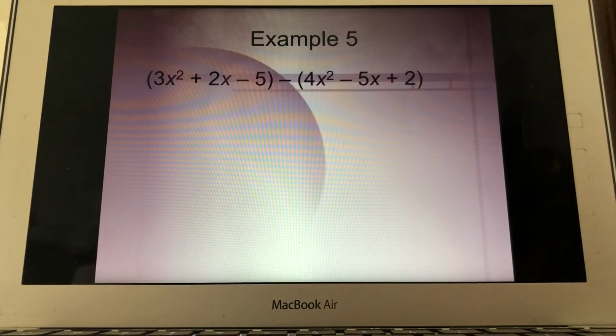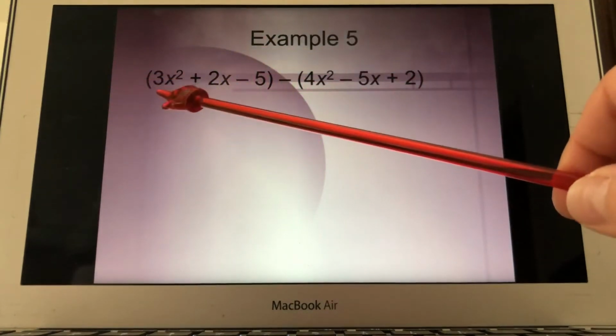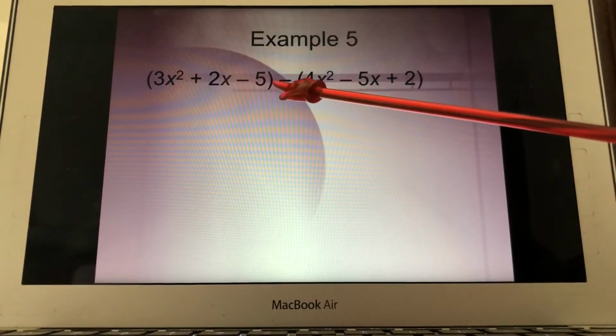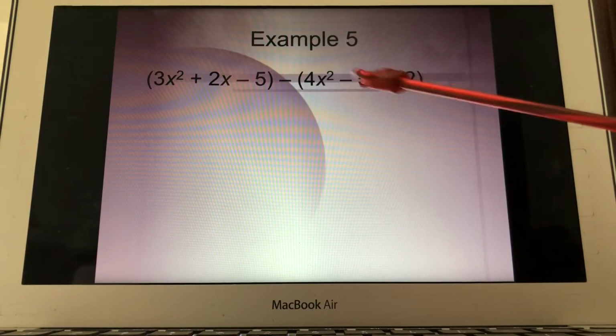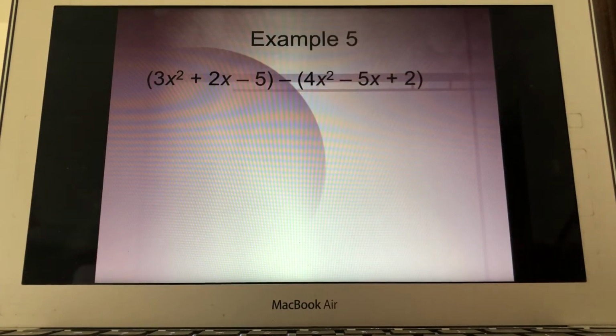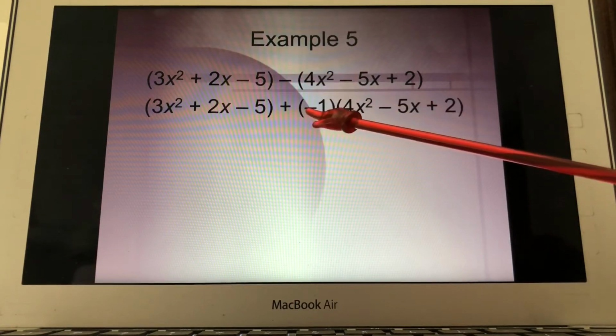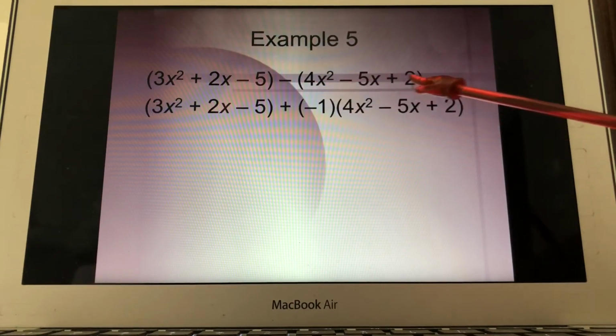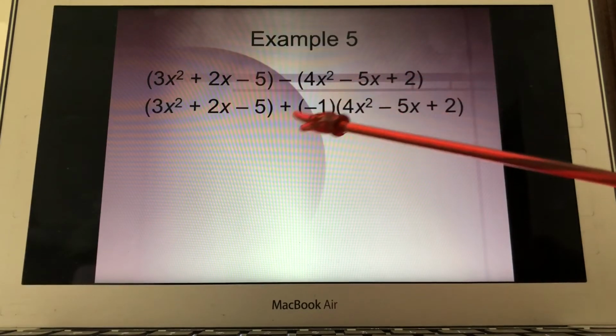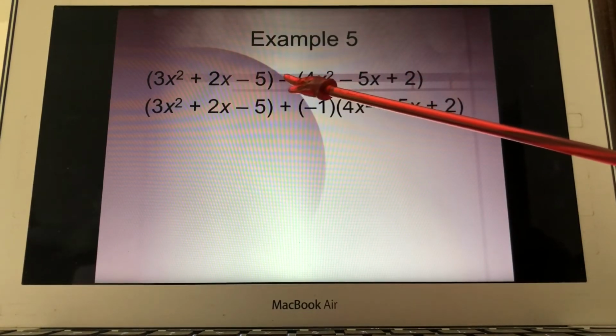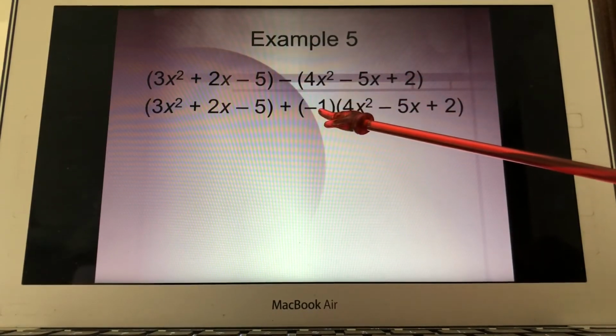All right, let's take a look at an example here. Okay, so we've got this polynomial, and we're subtracting this polynomial from it. So we can factor out a negative 1 out of this entire polynomial. That's the subtraction sign, the negative 1.